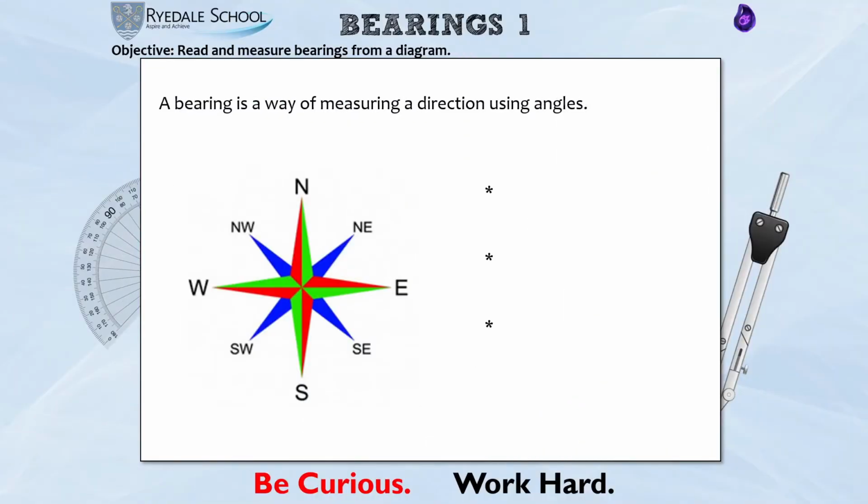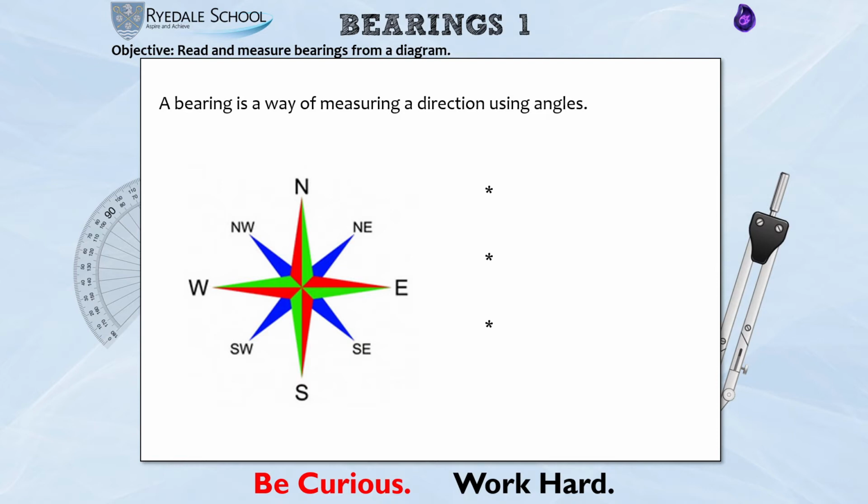So our aim for today is to read and measure bearings from a diagram, but I'm going to introduce the concept of a bearing first using a compass. You might be familiar with an 8-point compass or a 4-point compass. It is important that you know the different directions on a compass.